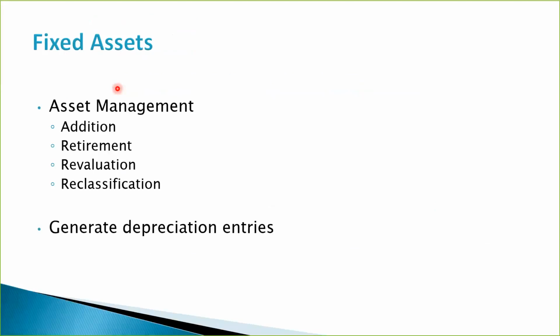Then you have retirements. Assets sometimes outlive their use, or they get stolen or they get lost, so you do what you call retiring them. Basically, you say they're not in use anymore. We have other things such as revaluation. Maybe the value of an asset changes, then the FA module will allow you to do this.